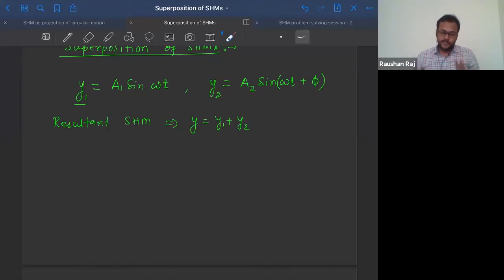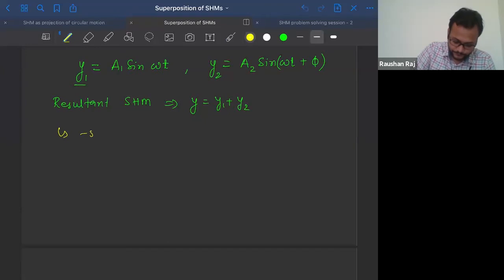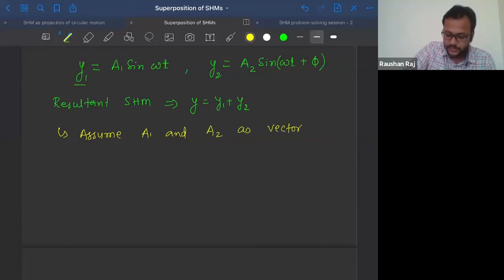So what we actually assume, I'll be writing in some steps. We will assume a1 and a2 as vector quantities. You have to assume a1 and a2 as vector quantities.